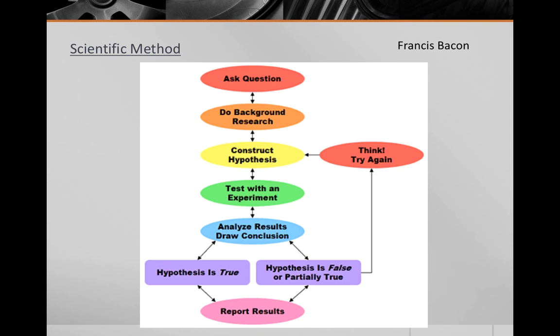The last scientific idea that we want to mention is something that is used all the time in science, which is the scientific method. So under scientific method, the individual who came up with this concept is Francis Bacon.